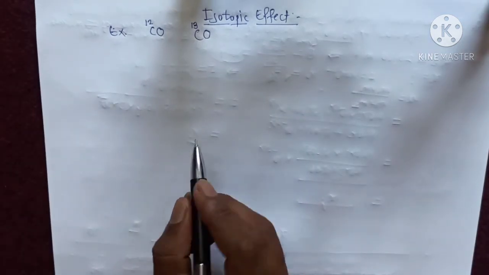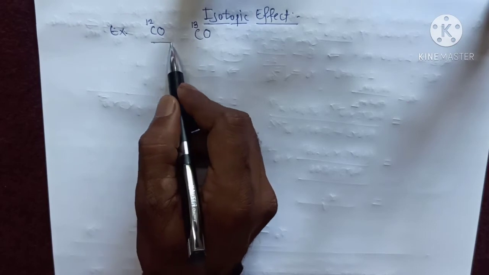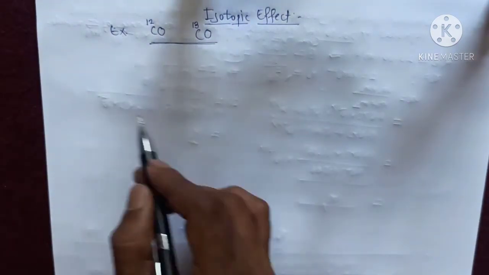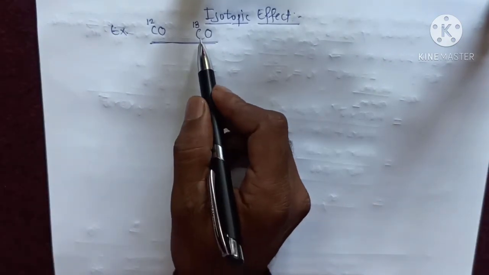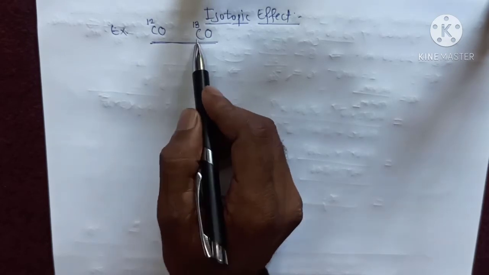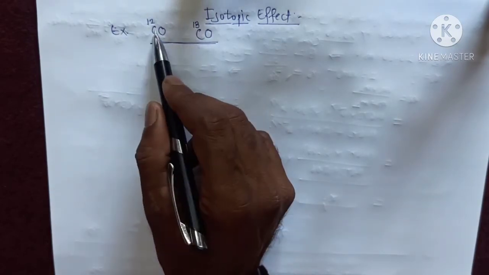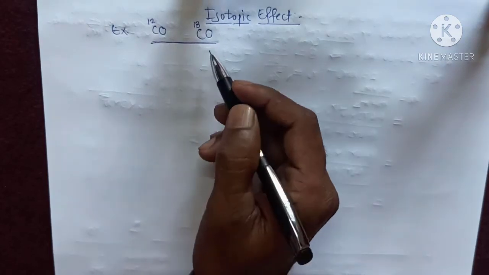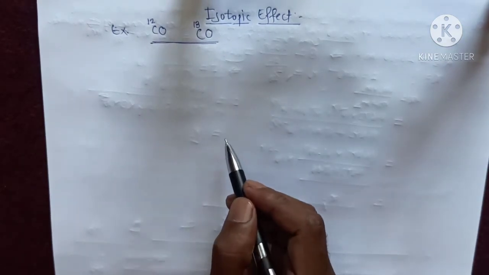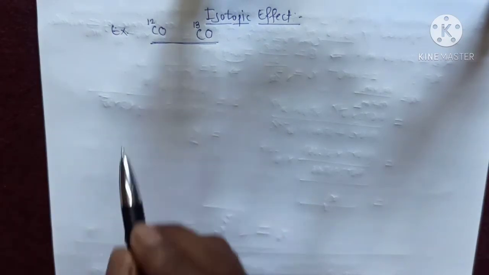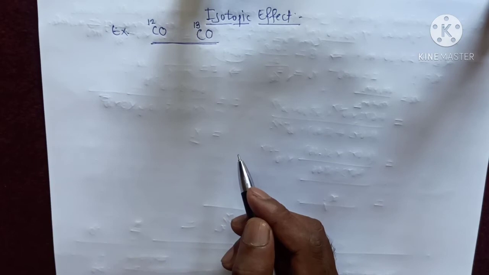The mass is changed, and such molecules are considered isotopes. The molecules are the same, but their masses are different. Carbon has two isotopes here, mass 13 and mass 12. So these two molecules differ only in the mass of one single atom.